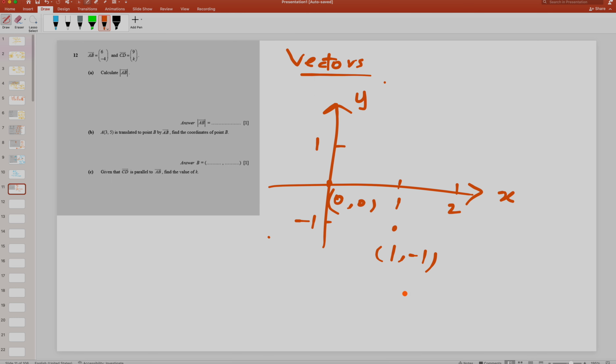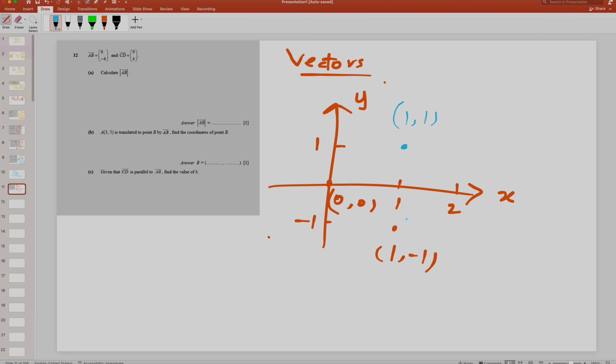But if you use vectors to represent, it's about the same idea but a different representation. So let's say now my point is here, 1 1 for coordinate geometry.